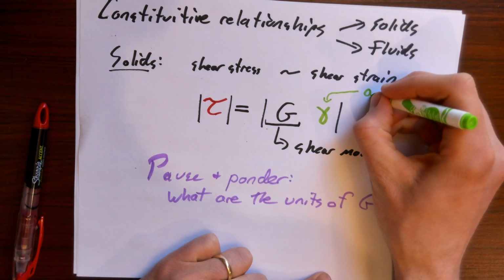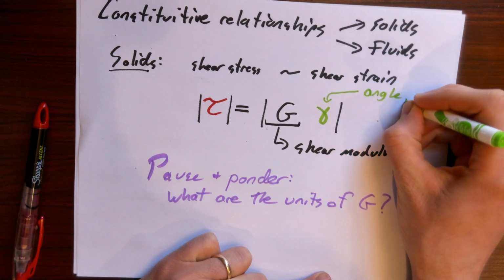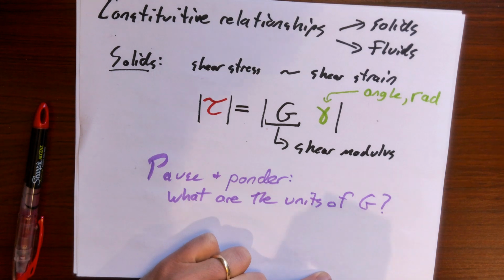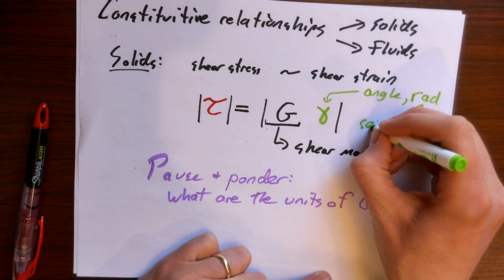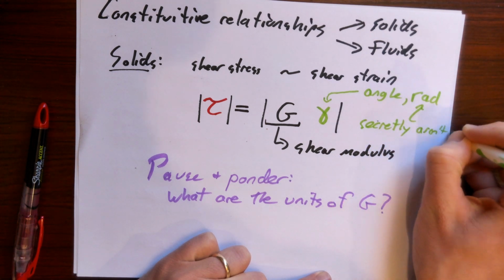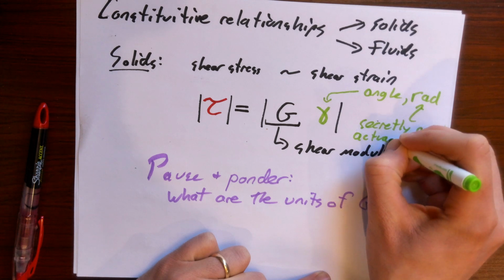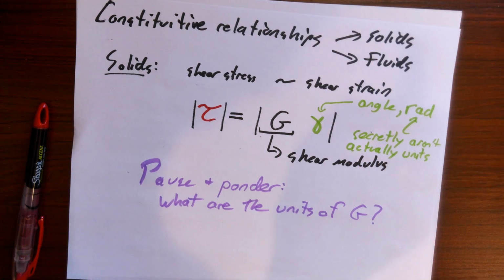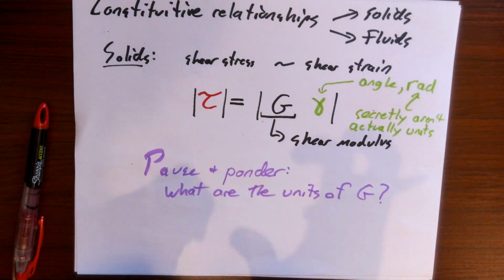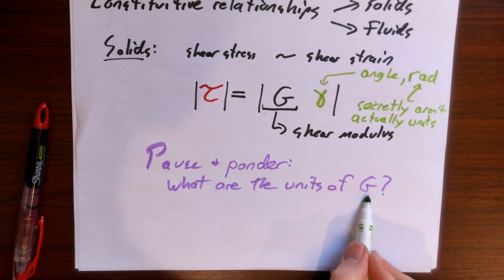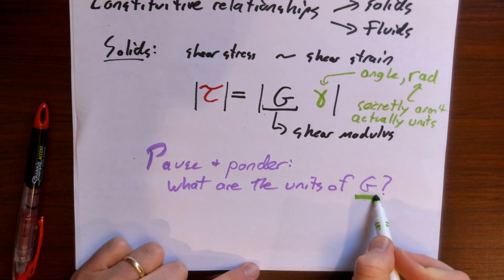I talked about this as an angle, and almost always people talk about this angle in terms of radians, but remember, radians secretly aren't actually units. Radians secretly don't have units. So consider that when you're pausing and pondering. What are the units of shear modulus?